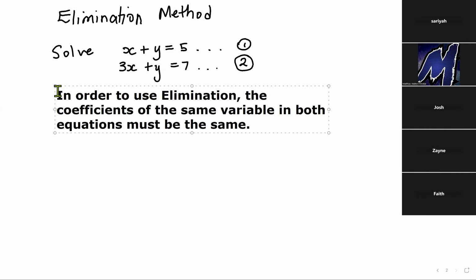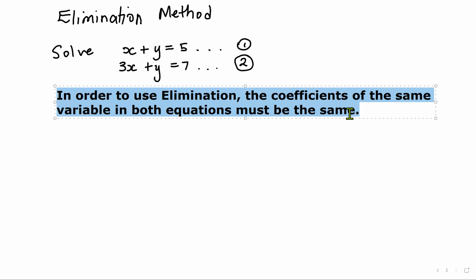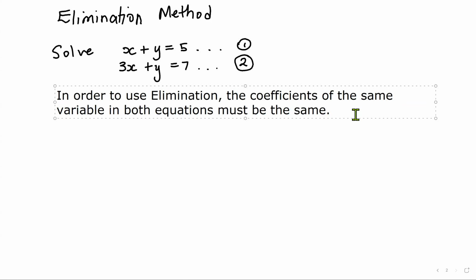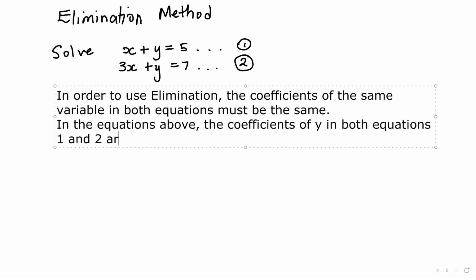right? And in these two equations, the coefficients of y are the same. They're both 1, right? So in the equations above, the coefficients of y in both equations 1 and 2 are the same.